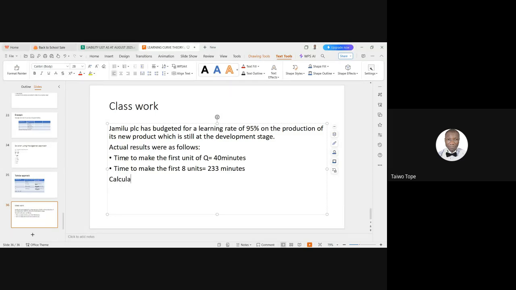Calculate the learning rate, assuming a steady state has not been reached.